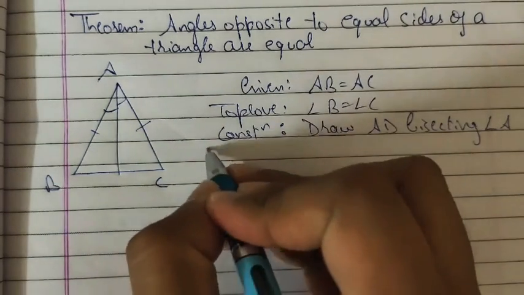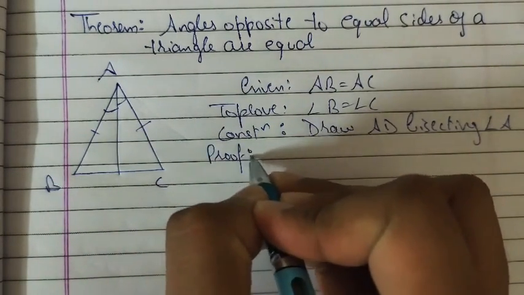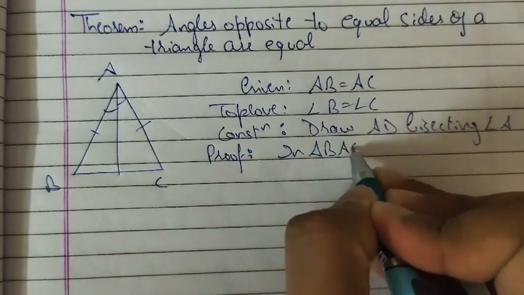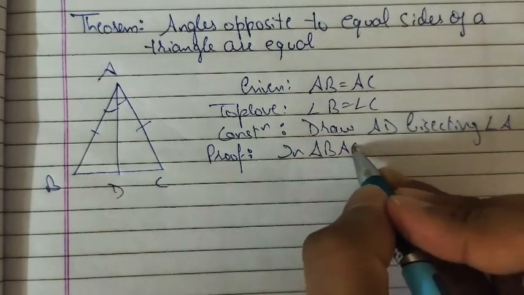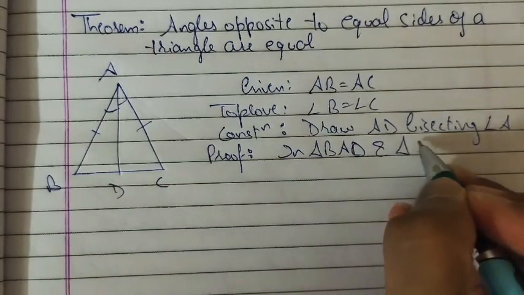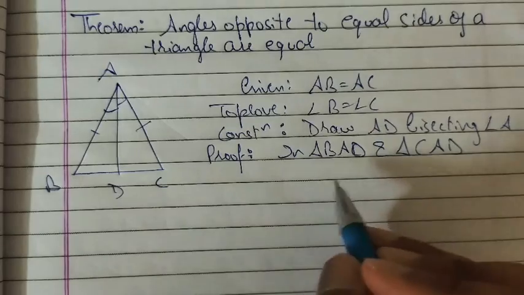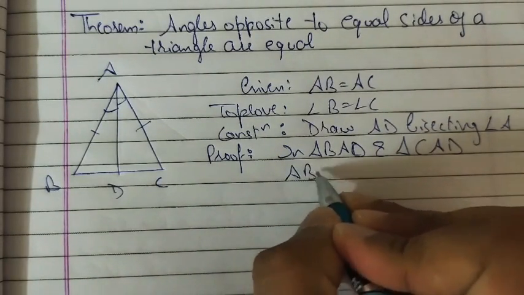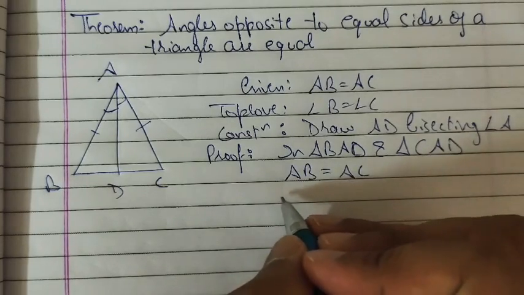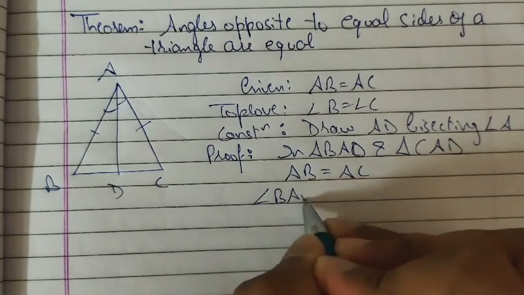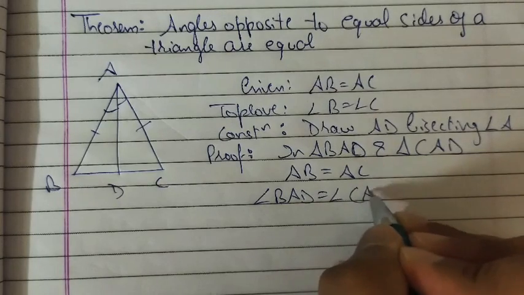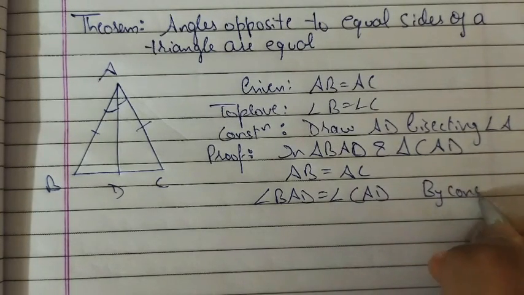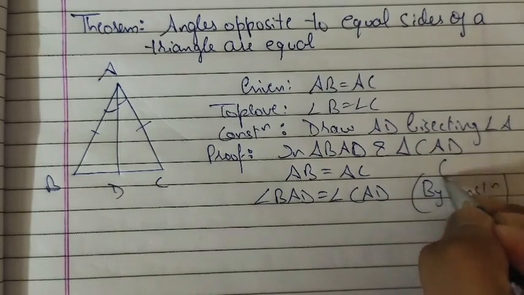So proof. Now proof, let's take two triangles. So triangle BAD and triangle CAD, right? Two triangles we have taken, BAD and CAD. So we know that AB is equal to AC, this is given, and angle BAD is equal to angle CAD, this is by construction.